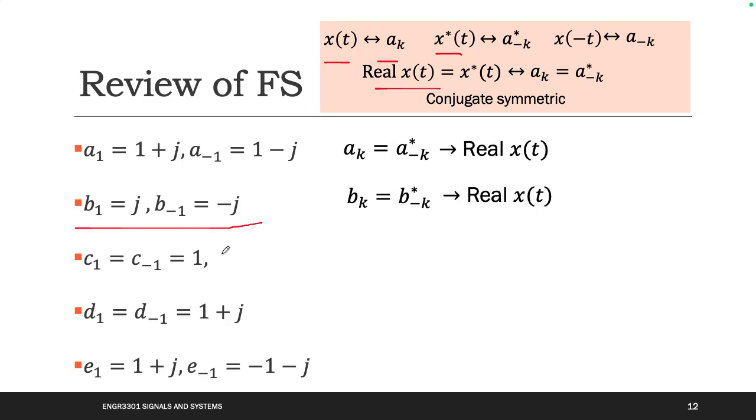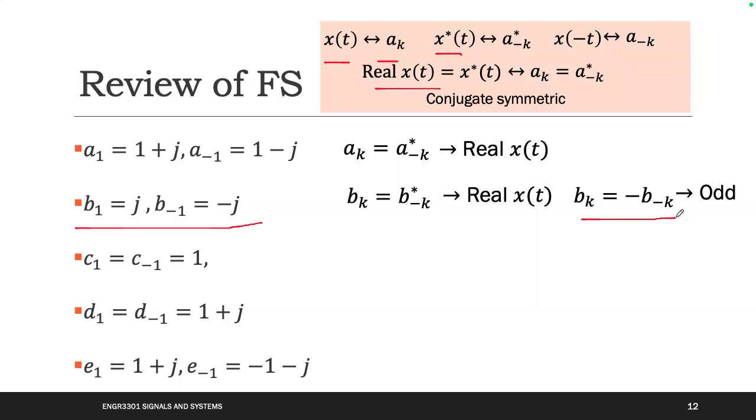How about this one? What does it mean? Are you sure? At least we know that b_k also equals negative b_-k. What does that mean? It means your function is odd.